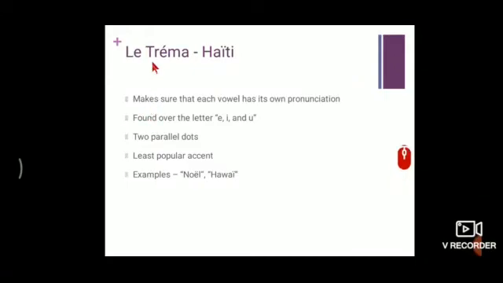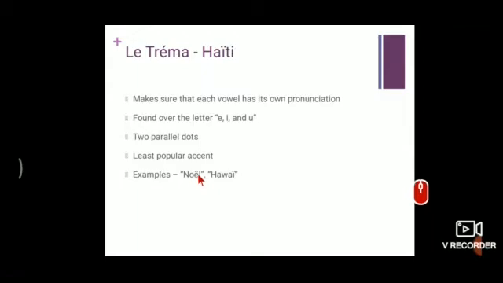So tréma is the last accent of this. It is just keeping two dots over the vowel. So this falls on the letters E, I and U. Two parallel dots should be kept, and only a few words have this accent. So tréma is the least popular accent, and the available example in the book as well as in the PPT is Noël.